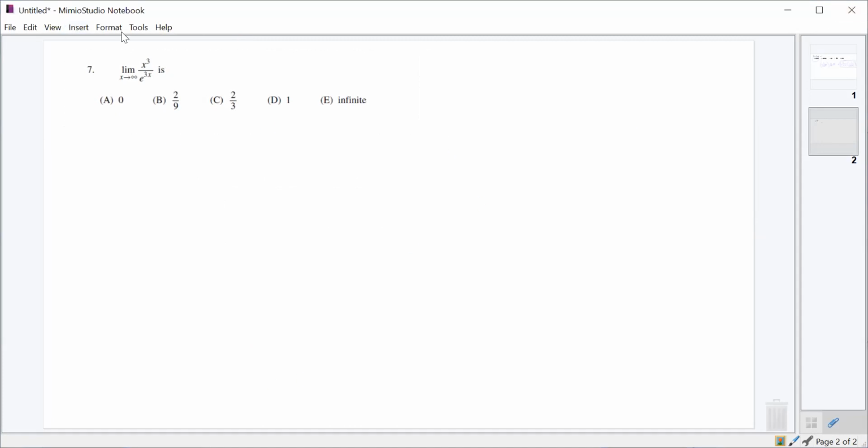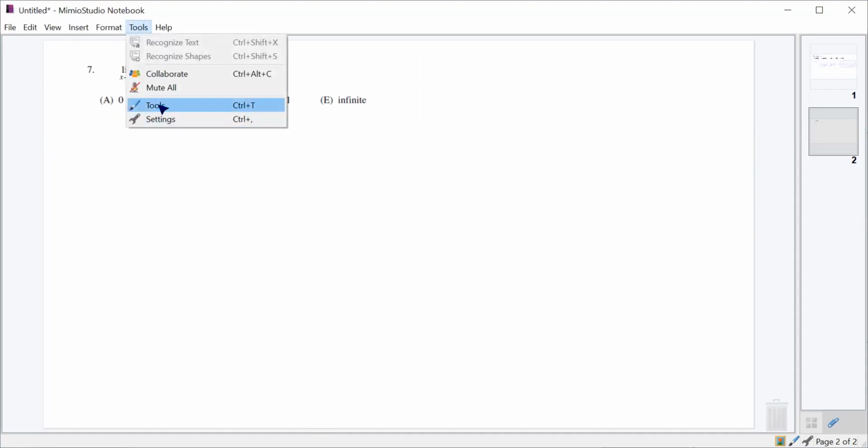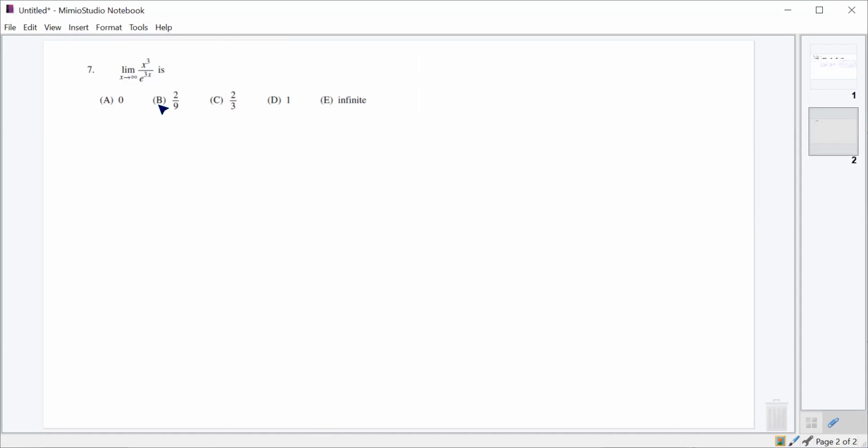Oh, cool. I need to get my toolbar back again, or else it's not going to let me write.